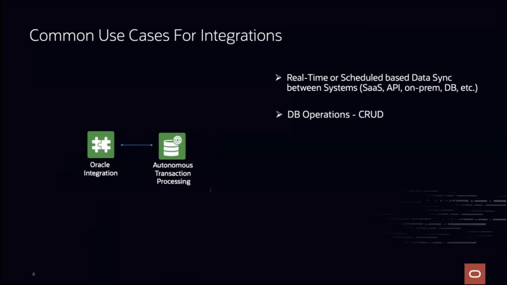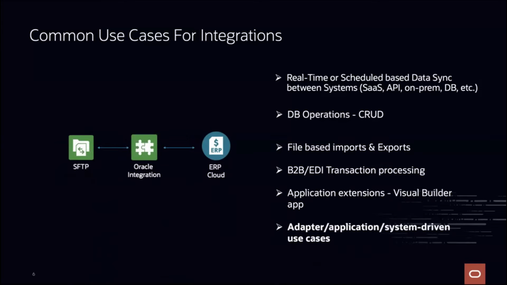Some other things, database operations, whether they be small form transactions where maybe you're inserting some data into a table from an application. Maybe this is a database that's part of an underlying application infrastructure, using it as kind of your main application database. OIC can connect to a number of databases, both Oracle and third party.